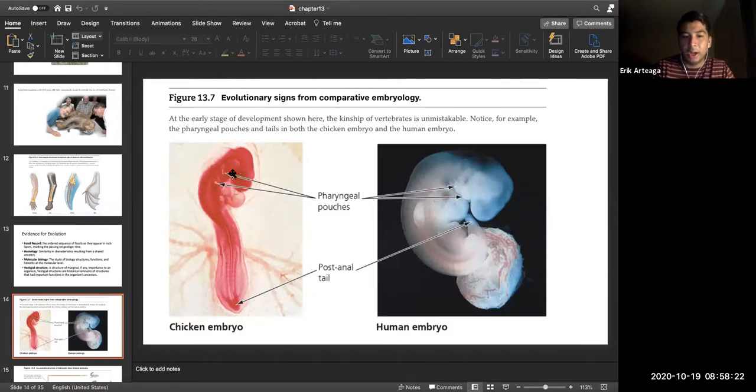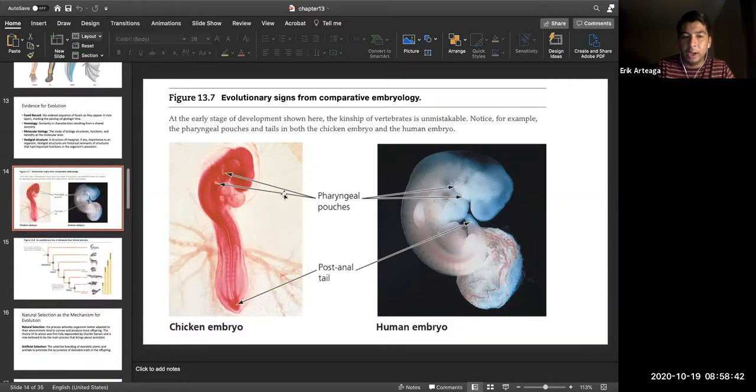So similar adaptation, similar growth in the embryonic stages that we see. So human versus chicken, very similar. We do have the pharyngeal pouches and postanal tail. You have different developmental features that you can observe that indicate a common lineage. Embryology is a little bit of an older piece of evidence that we really don't use anymore, because there could be multiple reasons why embryos develop similarly.